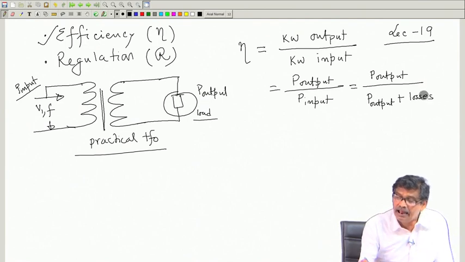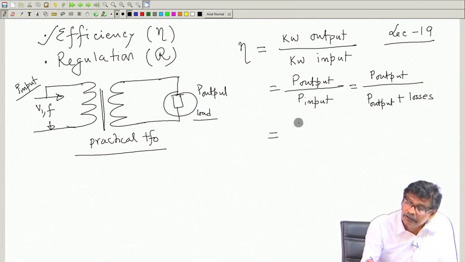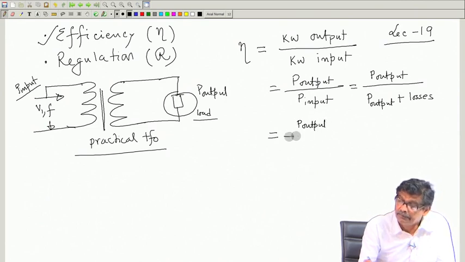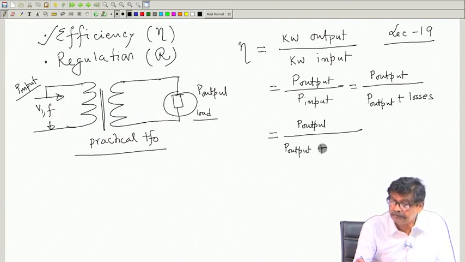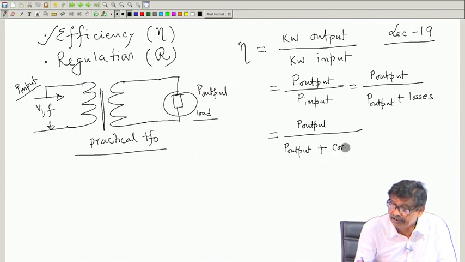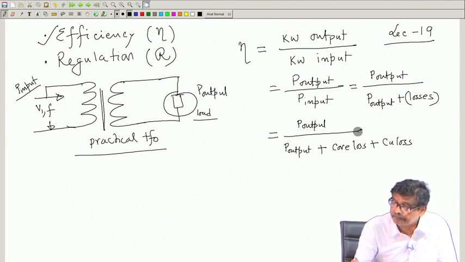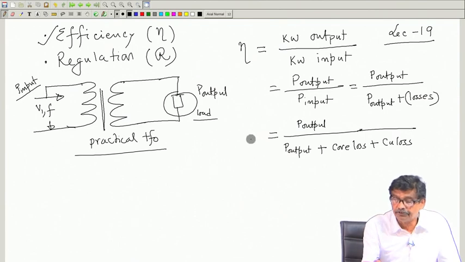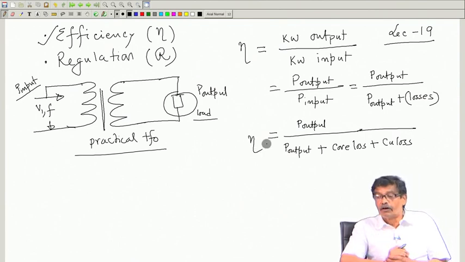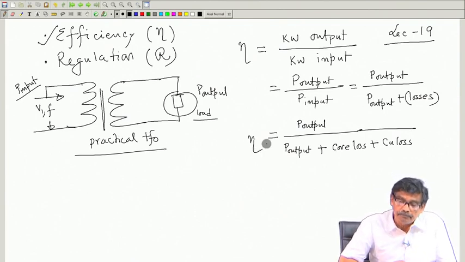And this is equal to P output in kilowatt or watt divided by P output plus core loss, which I will break up into two parts, core loss plus copper loss. This will be the expression for efficiency of a transformer.